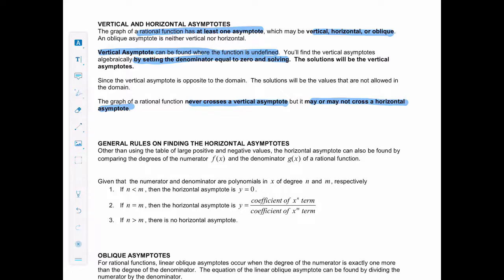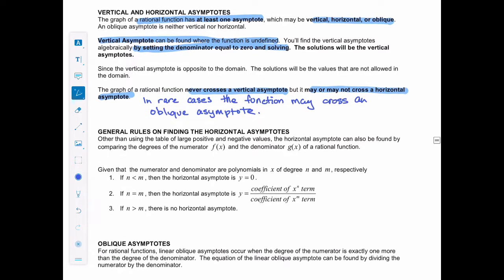I'm going to add that in rare cases, the function may cross an oblique asymptote. It's very rare that it happens, but it actually can, and I think it's above and beyond the scope of what we're trying to do in this course.